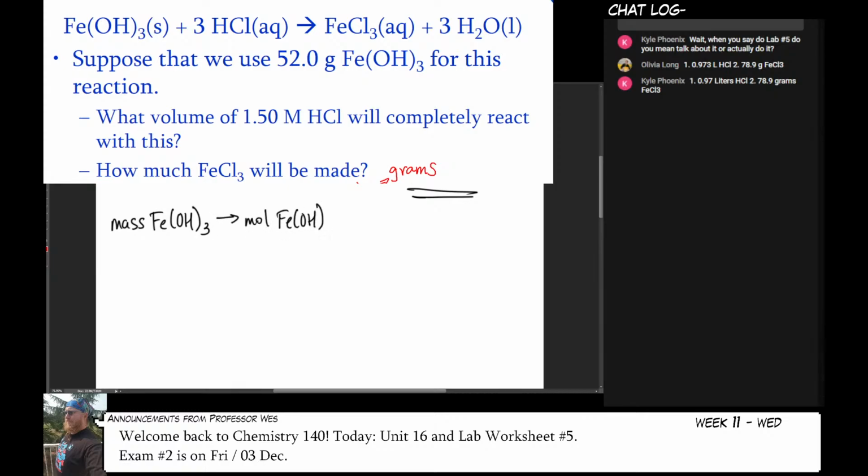This first part is exactly the same. But then we'll go instead to moles of FeCl3. And finally, grams of FeCl3.